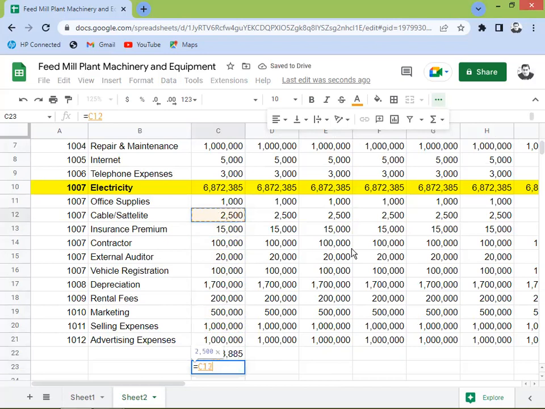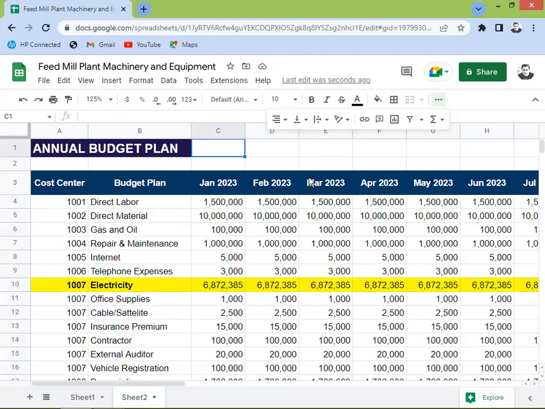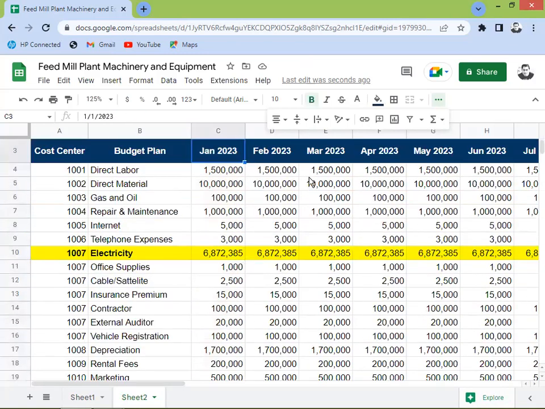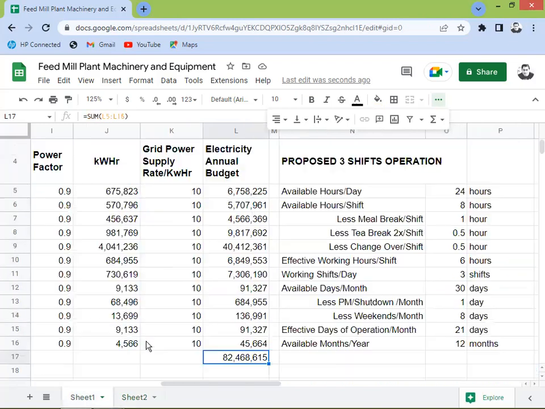In this exercise, electricity consumption would be 28% of your budget per month. Okay. This is how you come up with your electricity consumptions.